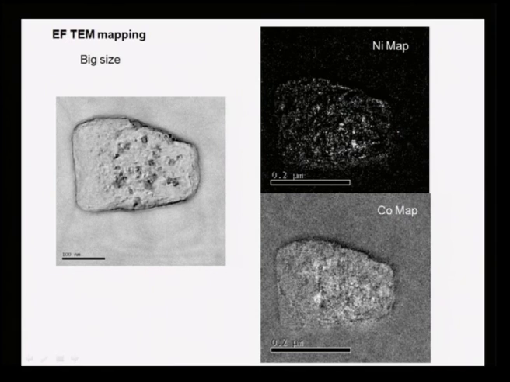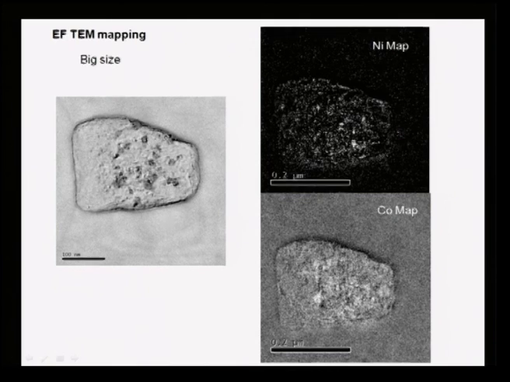You can see here a big particle, more than 100 nanometers, quite close to about 250 nanometers. You can map nickel and cobalt in this, and if you look carefully, the nickel is much less in these particles than cobalt, because the cobalt map shows much brighter regions than the nickel map.